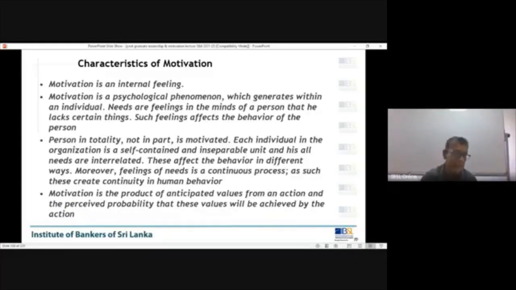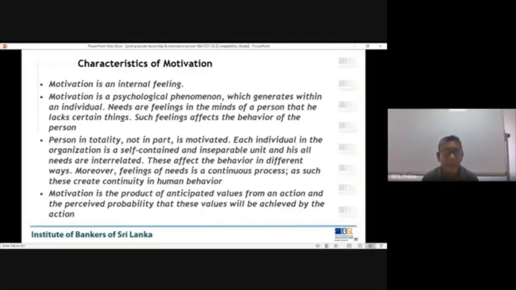Having identified some of the rationale behind motivation, let me now start learning motivation. What are the characteristics of motivation? Motivation is an internal feeling. It is coming from inside.